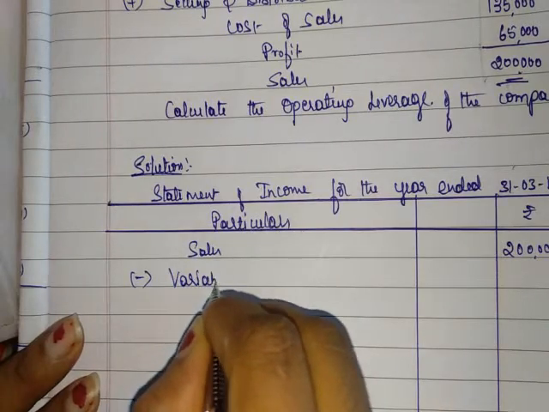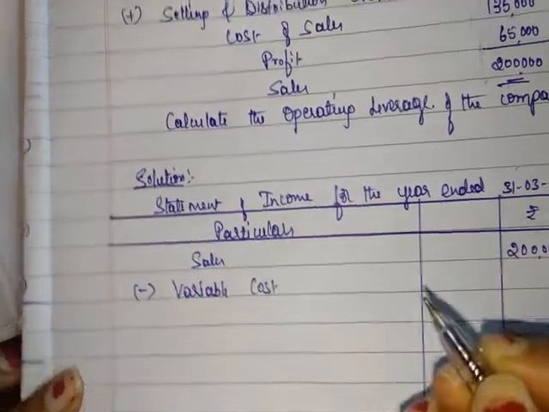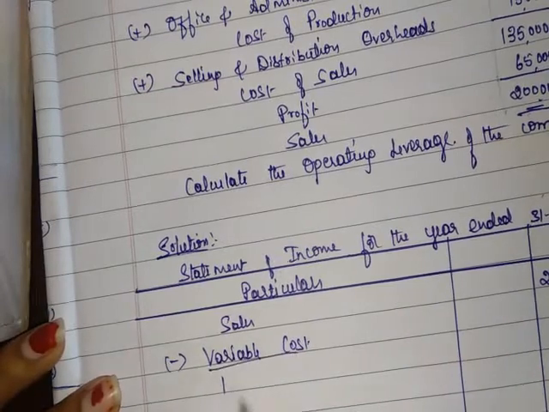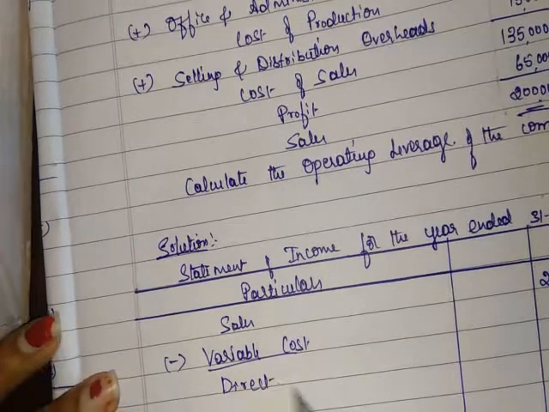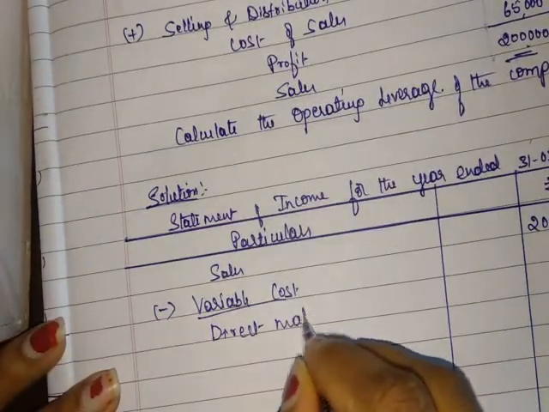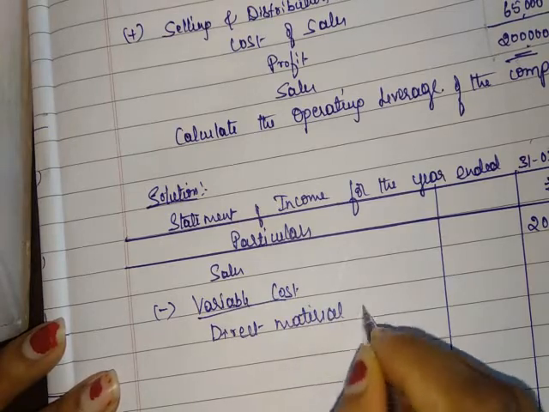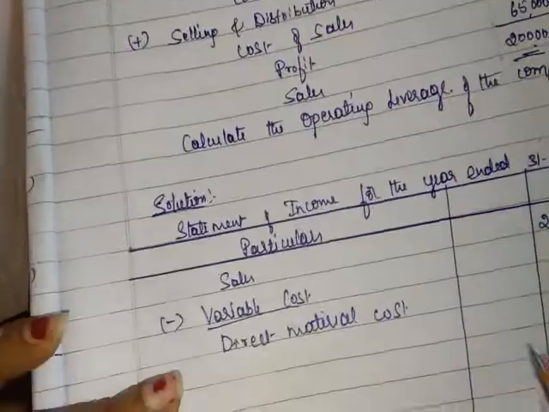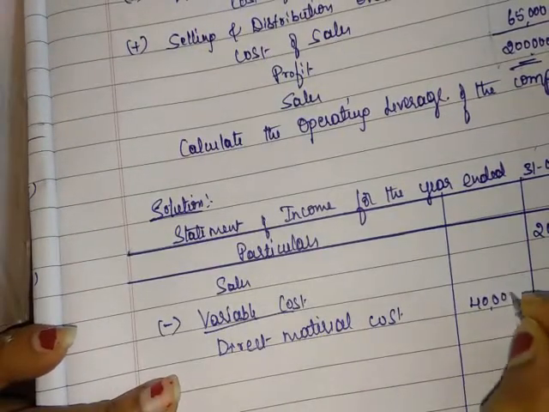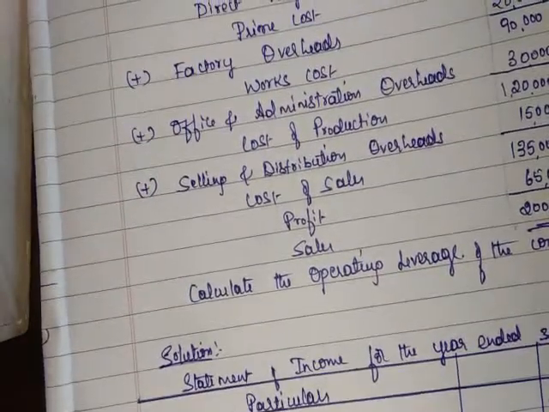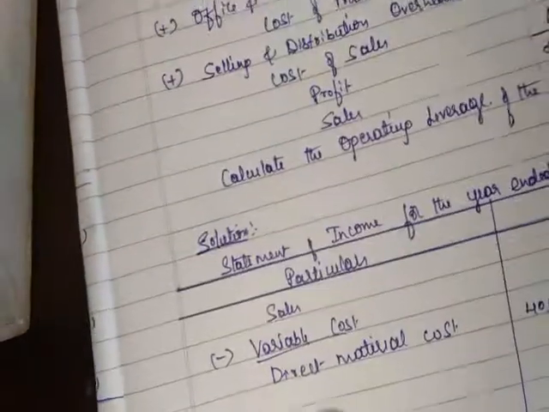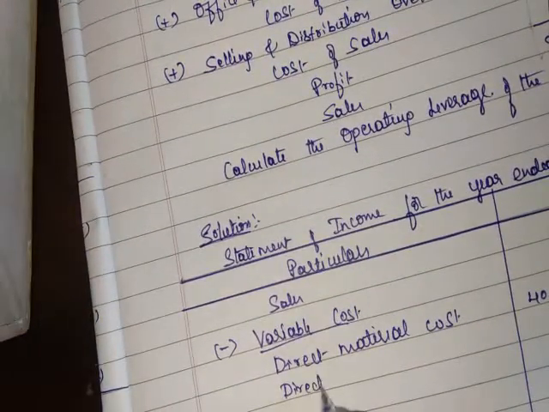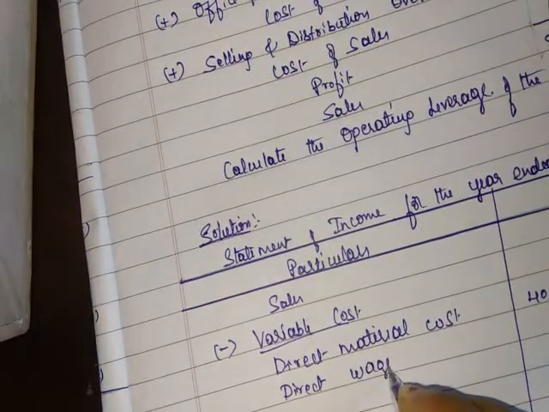Minus variable cost. Variable costs are two here: direct material cost and direct wages. Direct material cost, which is on the first line of the cost sheet, is 40,000, and direct wages 30,000.